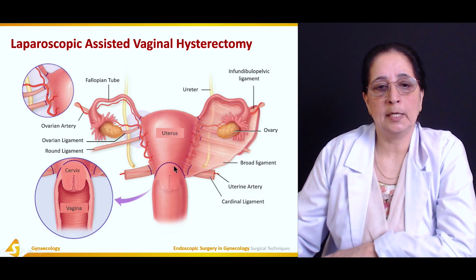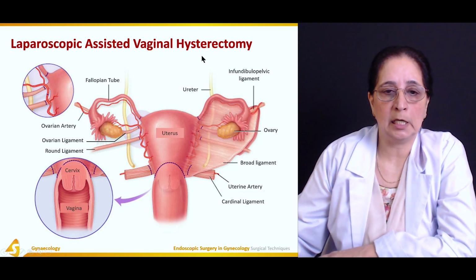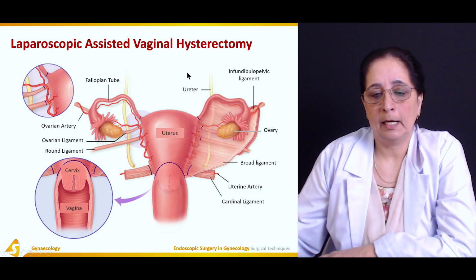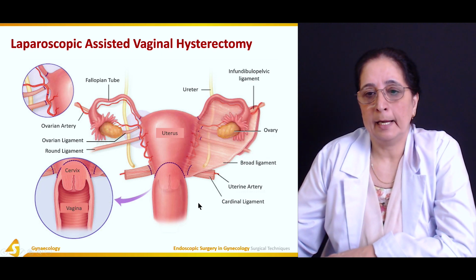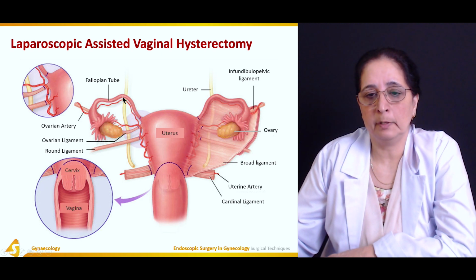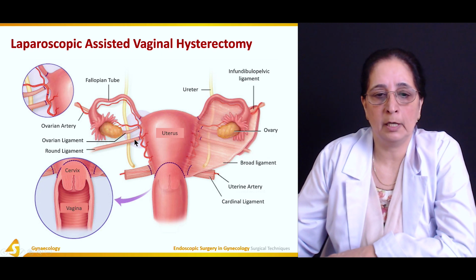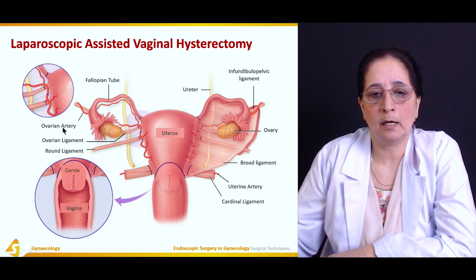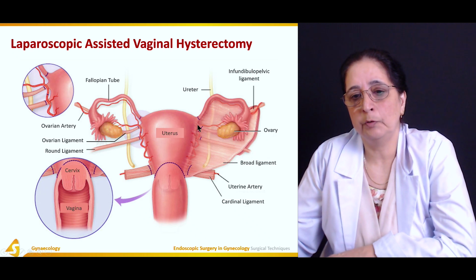Then laparoscopic assisted vaginal hysterectomy. Hysterectomy can also be done through the vagina, and if it's performed through the vagina, the instrument is inserted through the vagina, and then the uterus can be removed. These pictures show the round ligament, ovarian ligament, ovarian artery, fallopian tube, ureter.